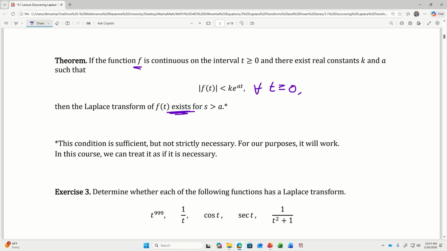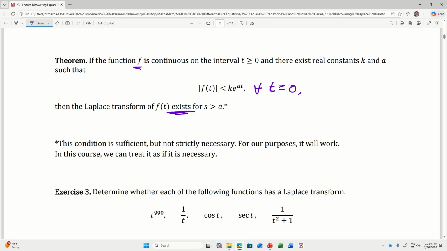The little asterisk says this condition that I'm outlining in this theorem is sufficient. So if your function grows more slowly than some exponential function, then you're good. You've got a Laplace transform. It exists.